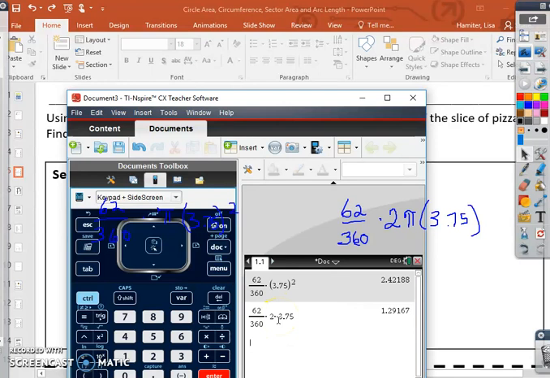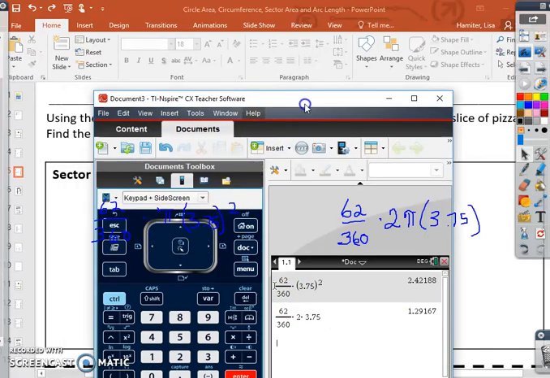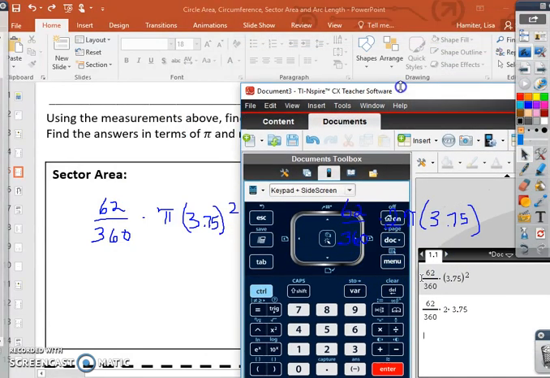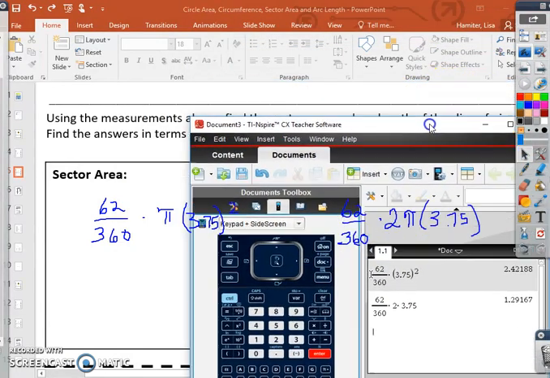I'm not typing that in quite yet because if the question wanted me to leave it in terms of pi, my answer for the area side would be 2.42 pi.